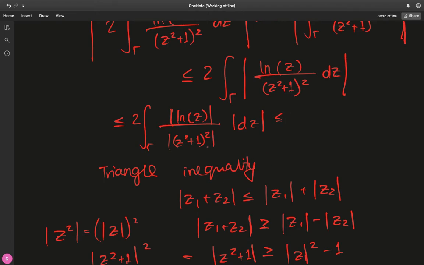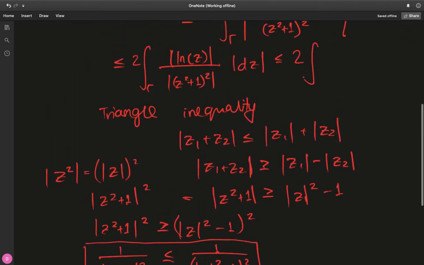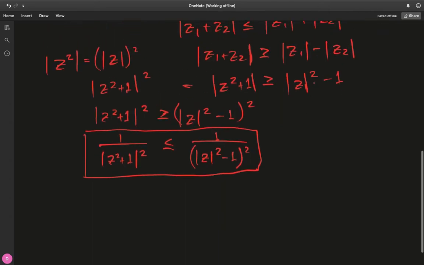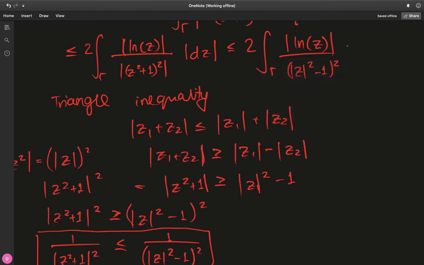So by this inequality we can write this as less than 2 times the integral over gamma of mod of natural log of z, divided by mod of z squared minus 1, the whole thing squared, and we have a mod of dz here.